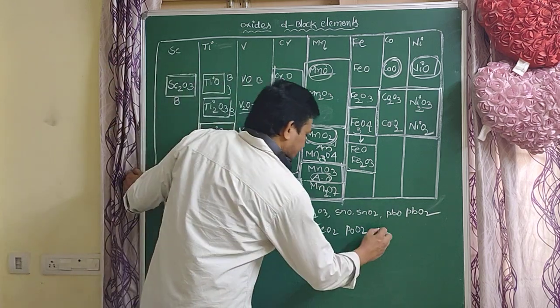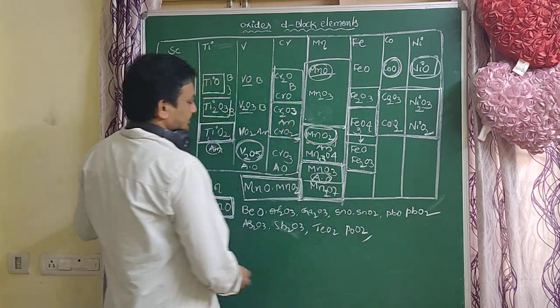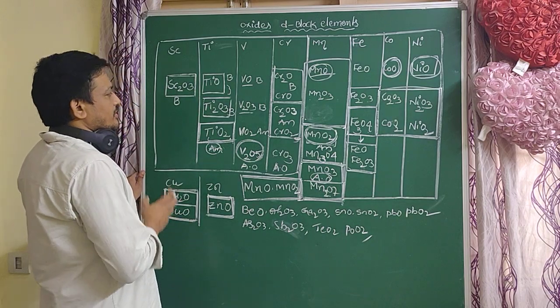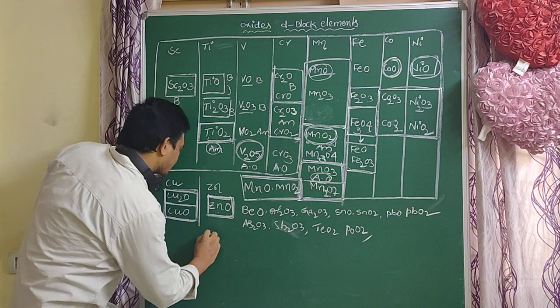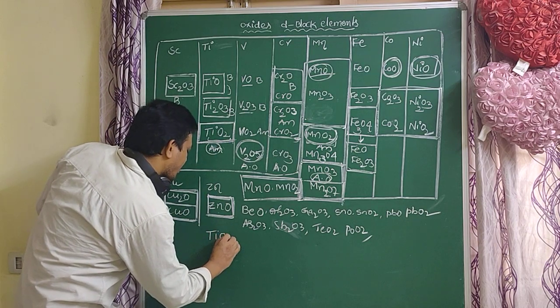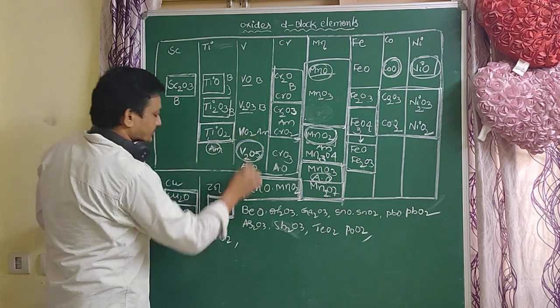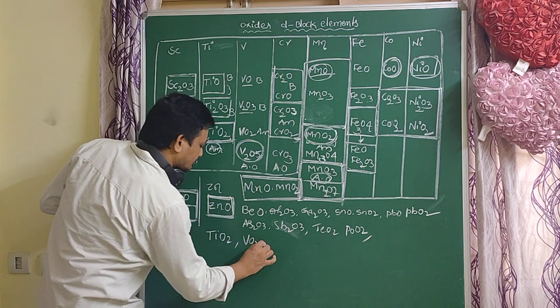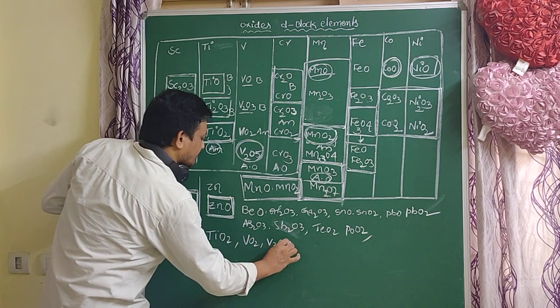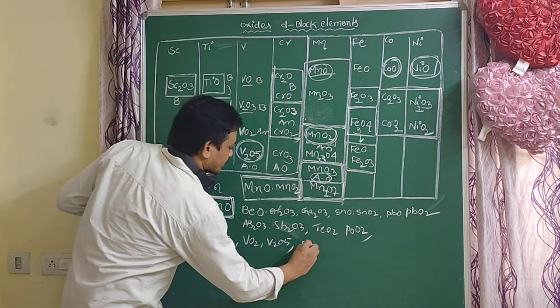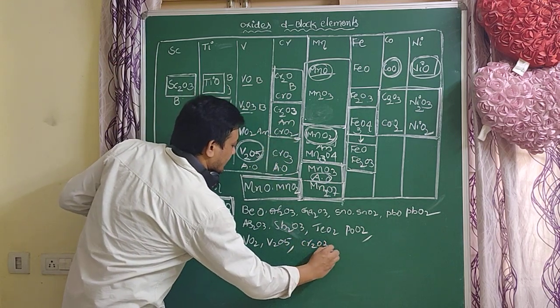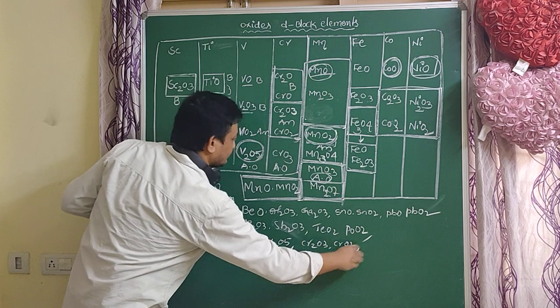Next, in the d block, some are amphoteric oxides. Titanium oxide is a basic oxide. Next, VO2 and V2O5. Then Cr2O3 and CrO2.